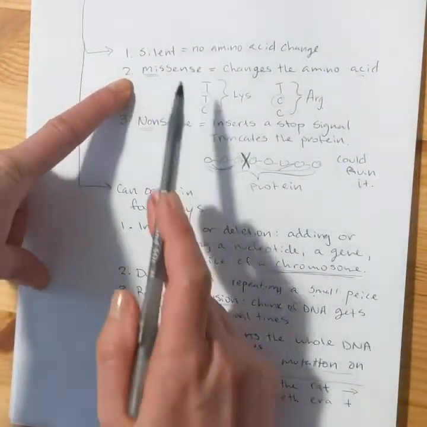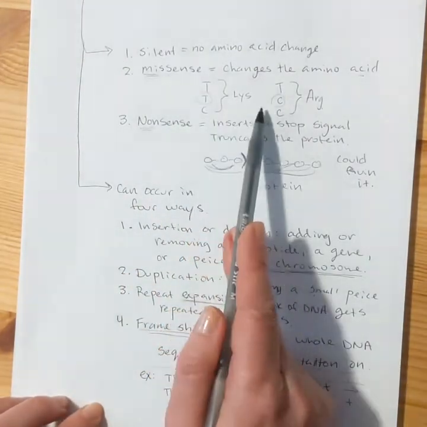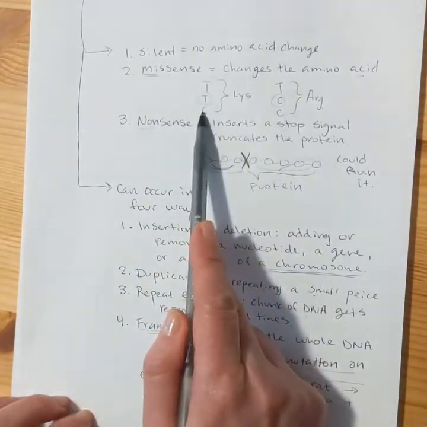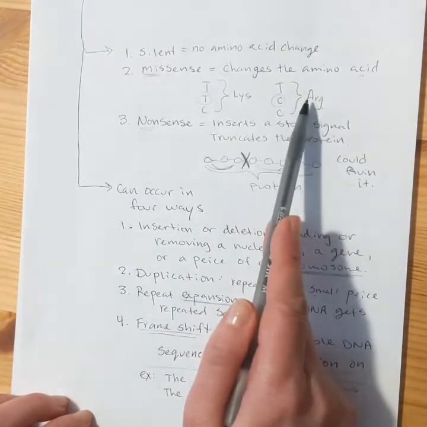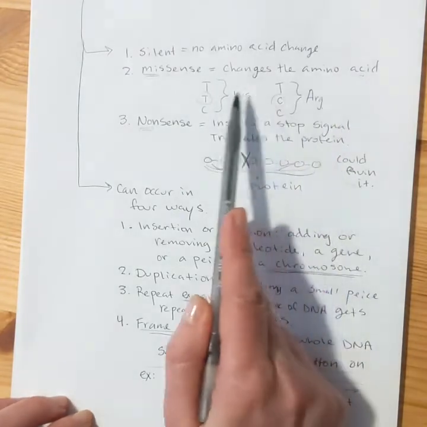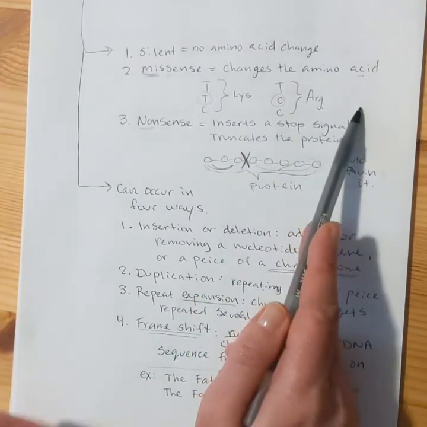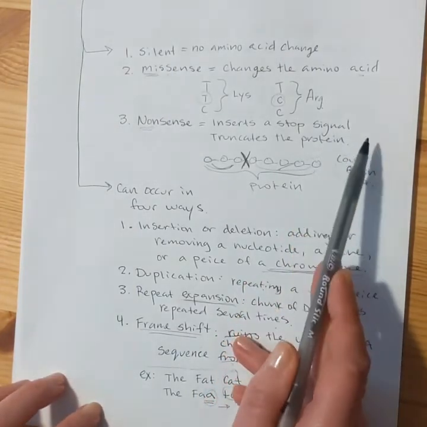The next type of mutation is a missense mutation. A missense mutation changes your codon just like a silent mutation, but in this case it does change the amino acid. So you're changing an amino acid which will have an effect on your protein. The effect could be little or it could be large. It depends on the type of protein.